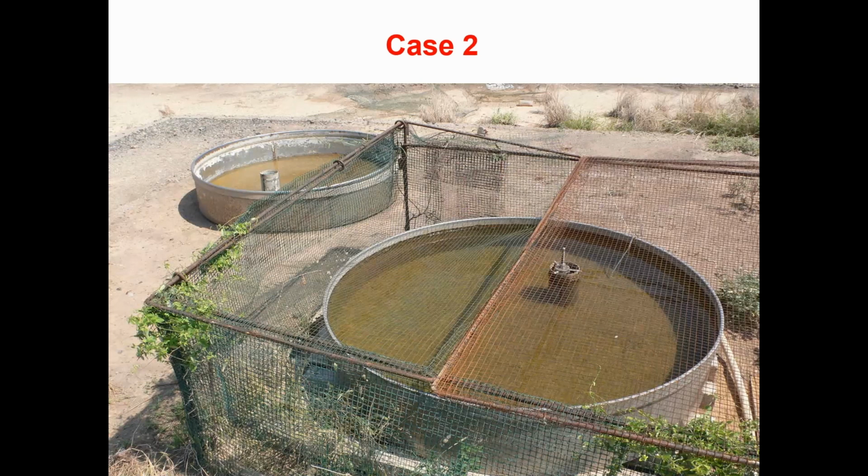But the reason the metal cage is here is because of something quite simple and obvious: in a semi-arid environment where there's very little water, birds and other animals will come to this site, and birds and animals can affect the water level. Some animals may be drinking from this and so forth. So you just have those very simple practical issues that can affect what you're actually measuring on the ground.